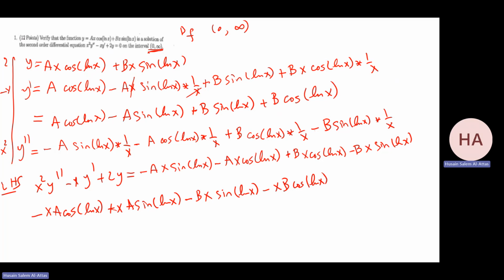Yeah, the last one, plus 2y: plus 2ax cosine ln x plus 2bx sine ln x. All of this should be 0. Okay, let me check. I have minus ax sine ln x, but I have it again.